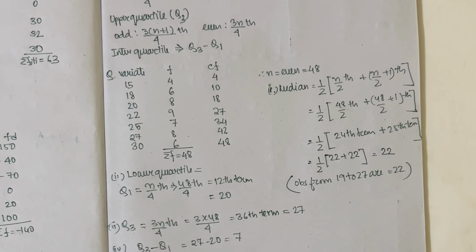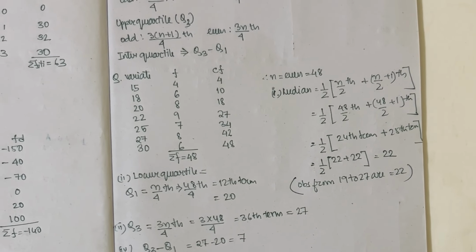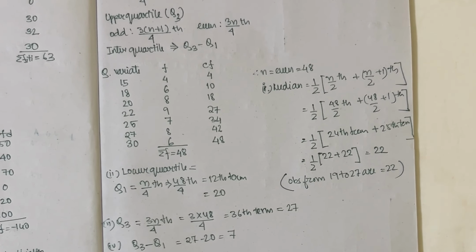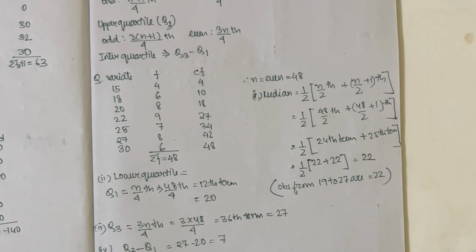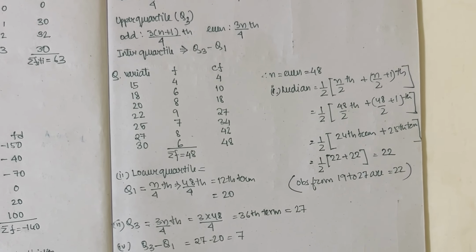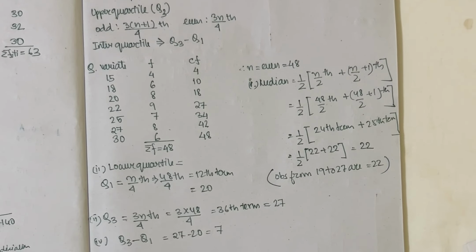So here we can say the median value, or n, is even. So applying the median or even formula, we get half into nth, that is n by 2th term plus n by 2 plus 1th term. On simplifying, we get 24th term plus 25th term.